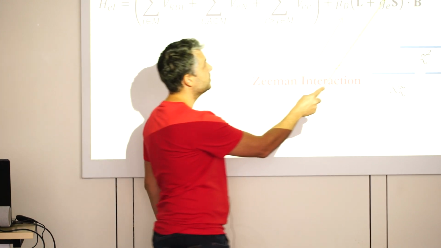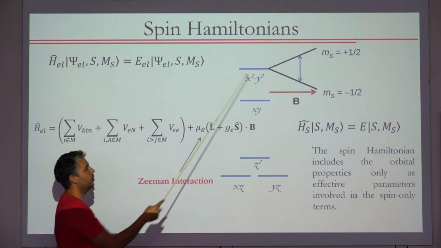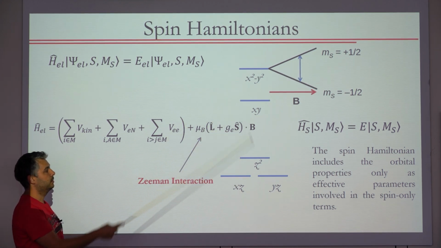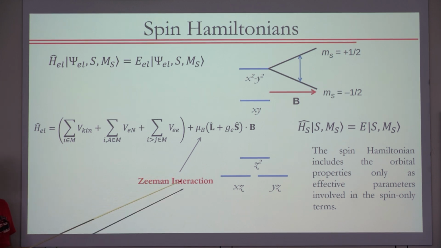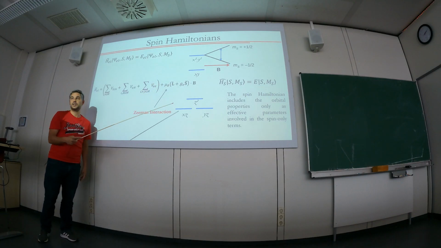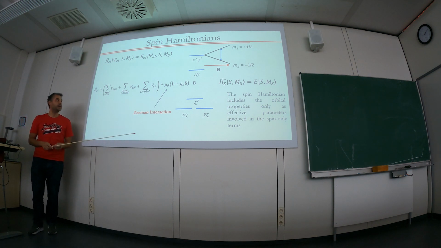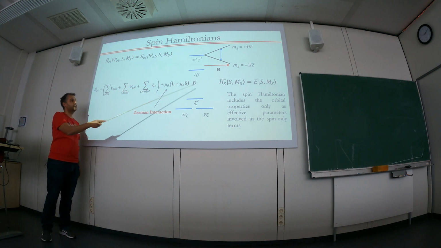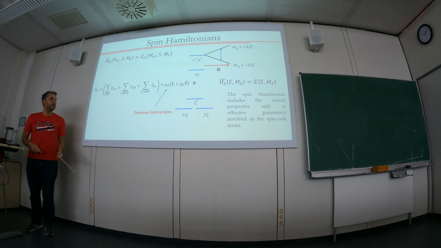So this causes some splitting of the energy levels of basically all states or all orbitals of the molecule or the atom, but we only care about the ones that have unpaired spins. If these are all paired spins, it will not matter. There will not be any transitions there. So we only care maybe about the top. I didn't draw the electrons here, but you can think of copper 2, for example.